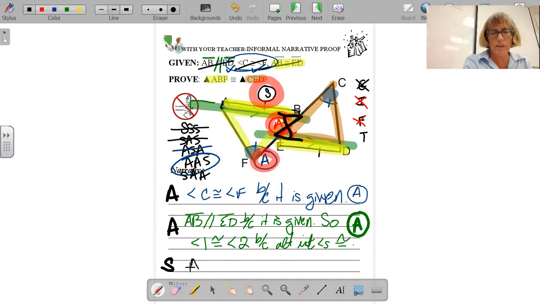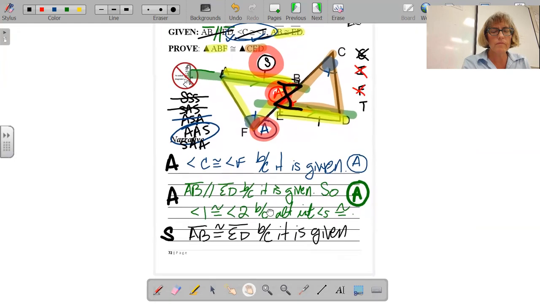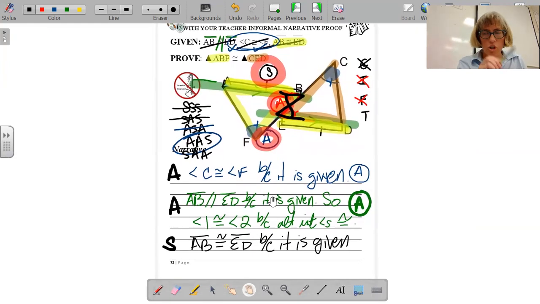Our side: we were given the fact that AB is congruent to ED. How do we know that's true? Because it is given. Remember, hit your target. Your target is those triangles are congruent.